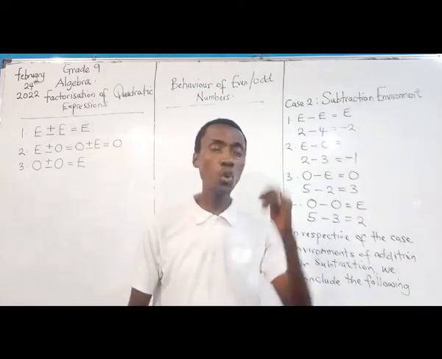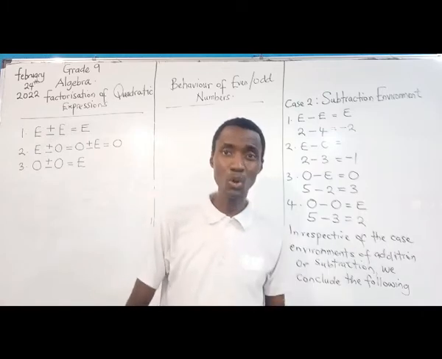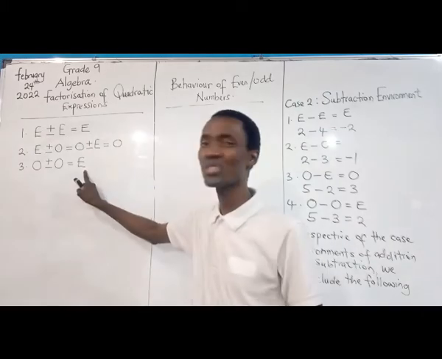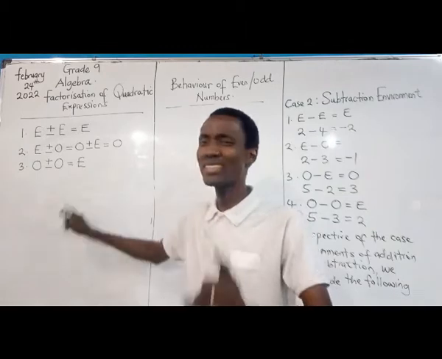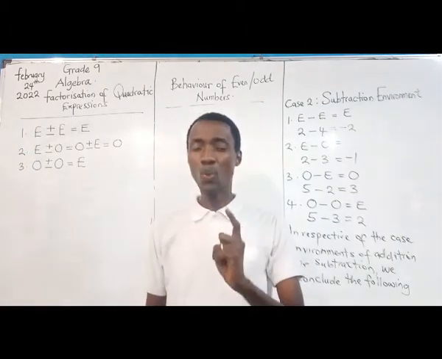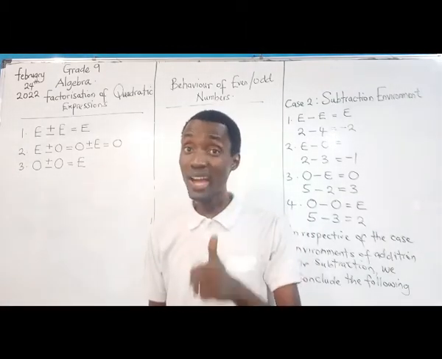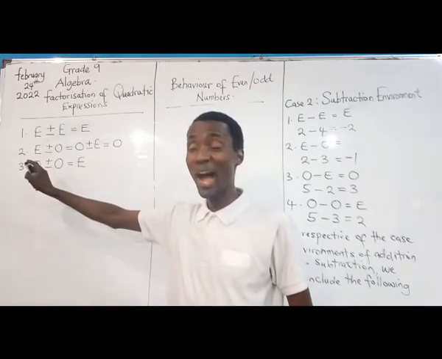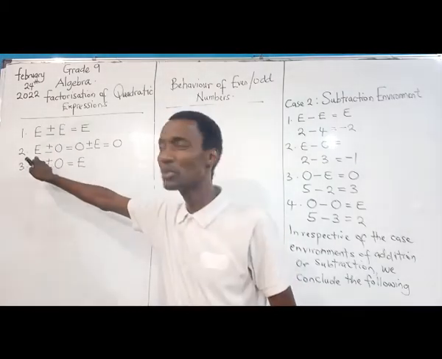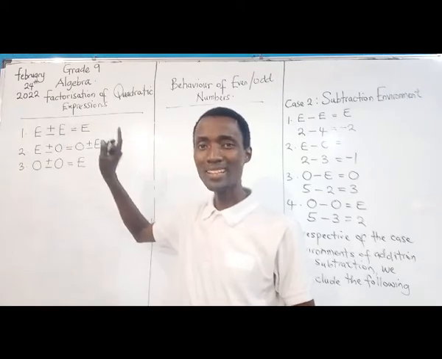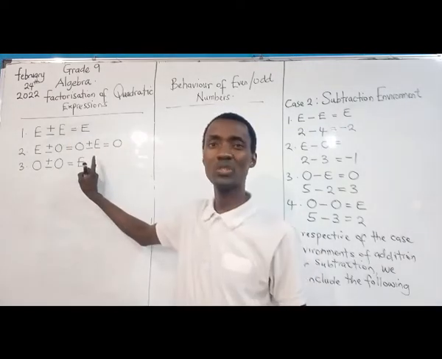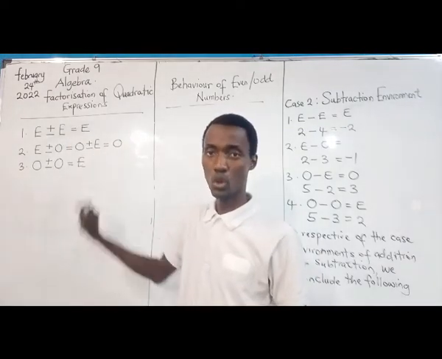If I think of two odd numbers, whether I'm adding or subtracting, I'm going to get what? Even. So you discover that the only time you have odd when you are adding or subtracting is when you have one as even and the other as odd. That's the conclusion we want you to see from this topic.